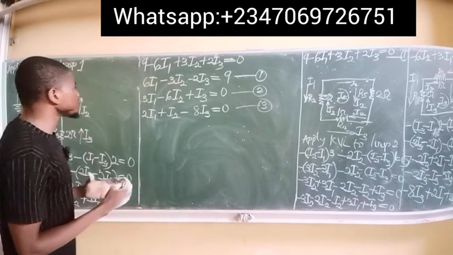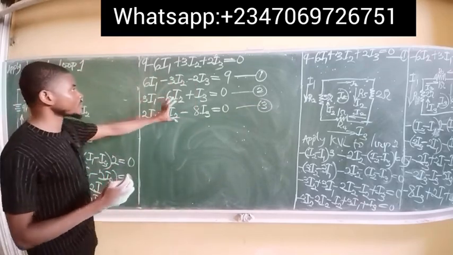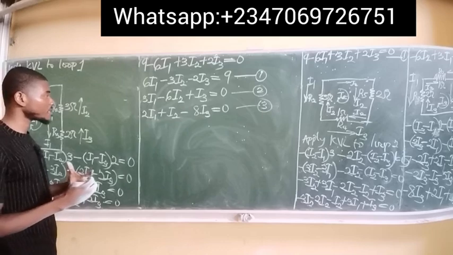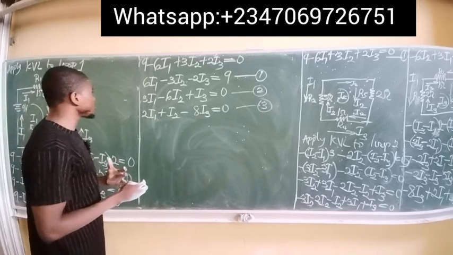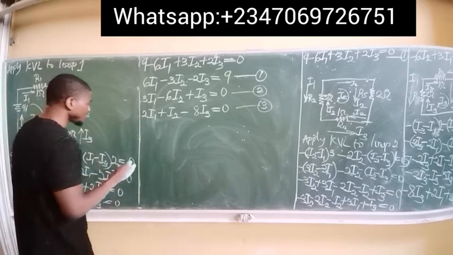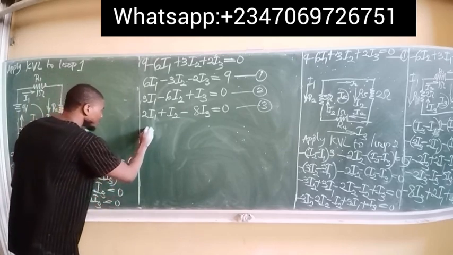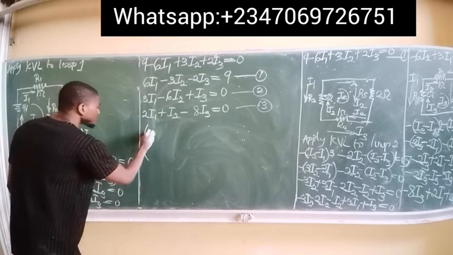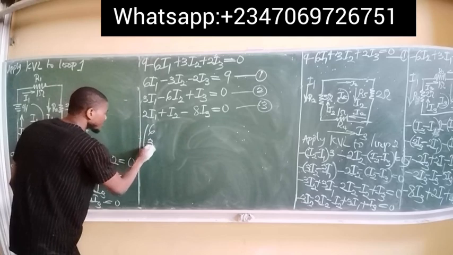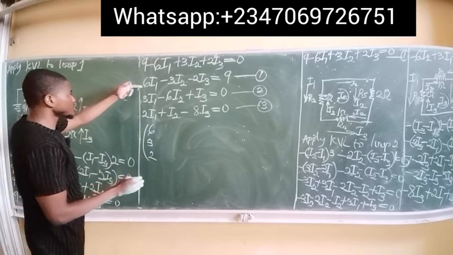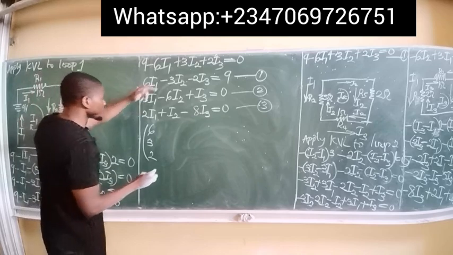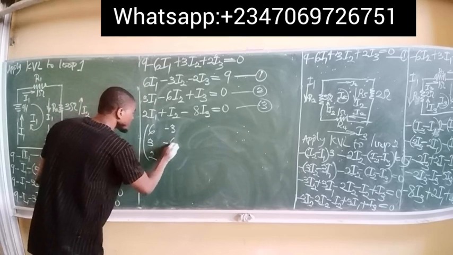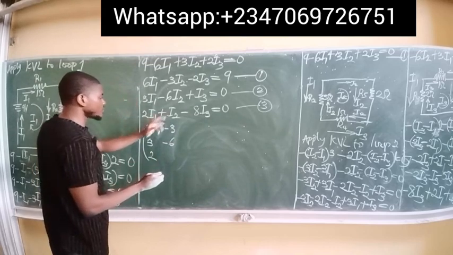So we have the equations now in terms of I1, I2, and I3, which means we can write them in terms of matrix. This is simply a 3 by 3 system. So we have our matrix with first column 6, 3, and 2. The next column is minus 3, minus 6, and then the coefficient of I2 in the third equation, which is 1.